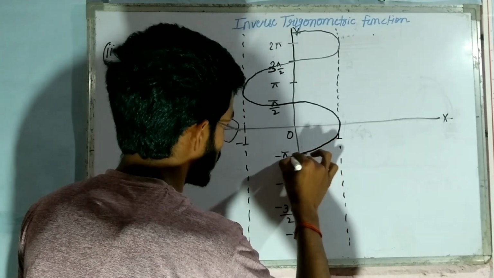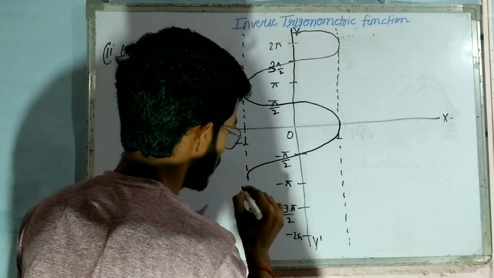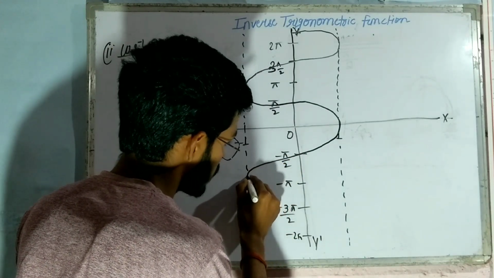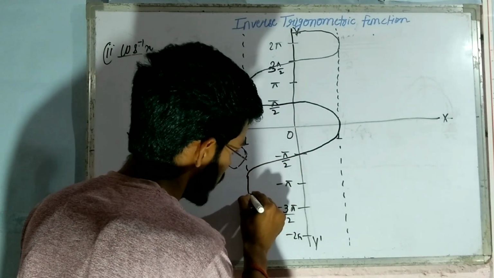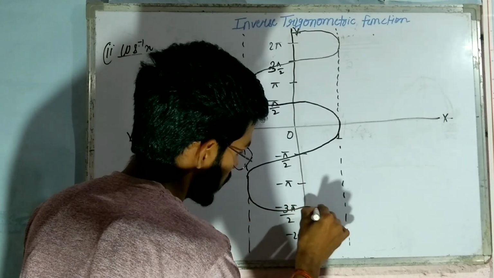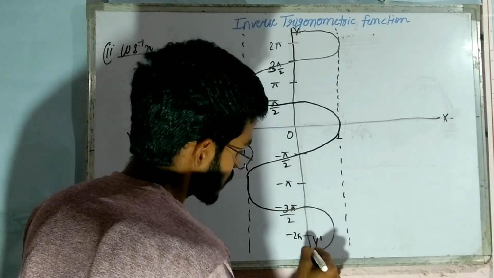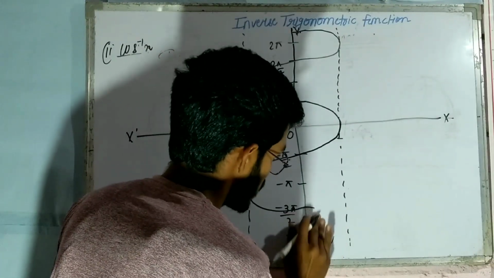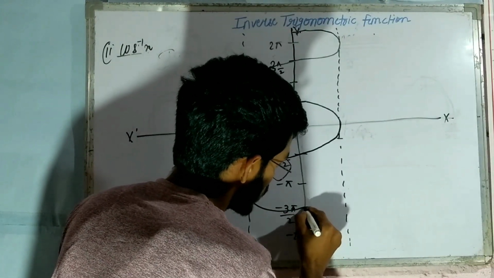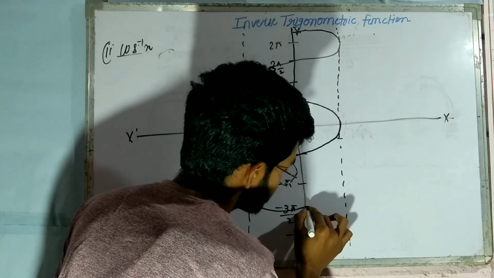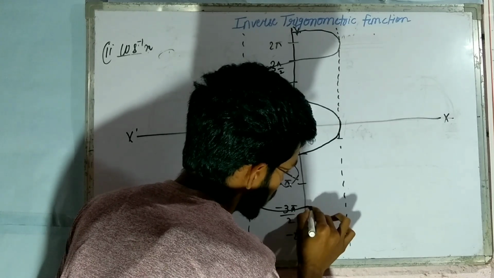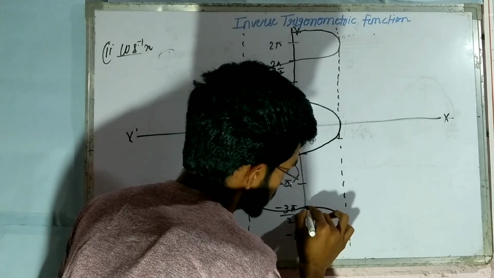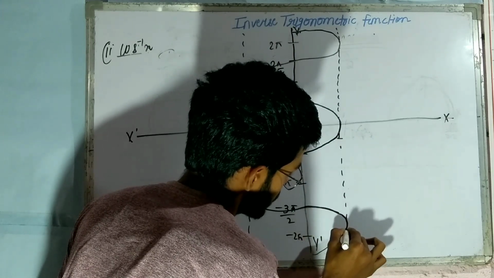It will cut at minus pi by 2, and it will go in front of minus pi and cut minus 3 pi by 2, and it will be moved on. Here you should give your attention: the graph of cos inverse x touches the limit.